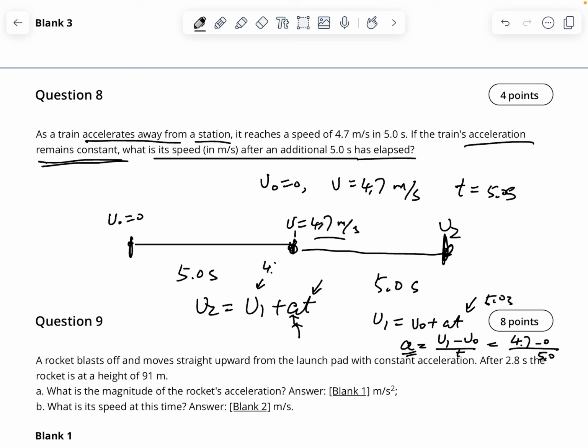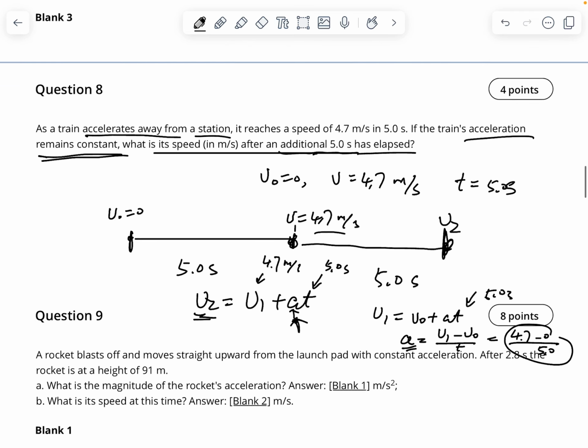So V1 equal to 4.7. This is another 5 seconds, right? And you have A here, plug this value to here, then you can figure out what's the speed after an additional 5.0 seconds.